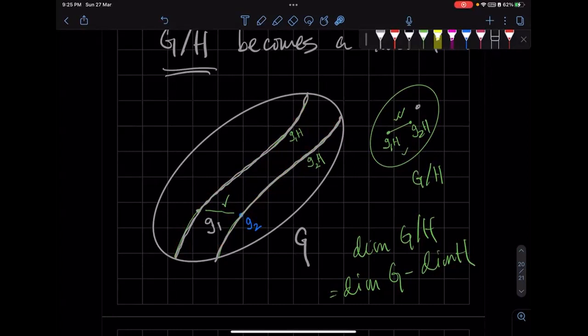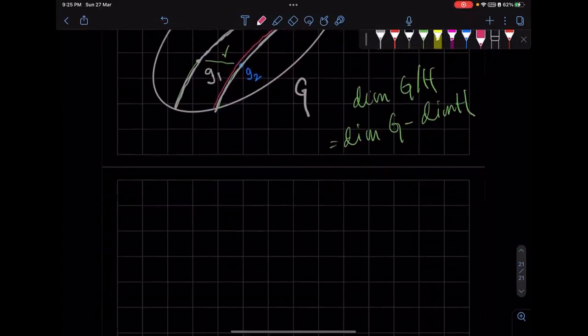So that's all I mean: if these two orbits are very close to each other in the original group, then they would be very close to each other in the coset manifold. Okay, so I'm going to stop here. I'm not going to give you the example, but I'll give you a tantalizing clue: you can use this notion to show that SO3 over SO2 is S2.